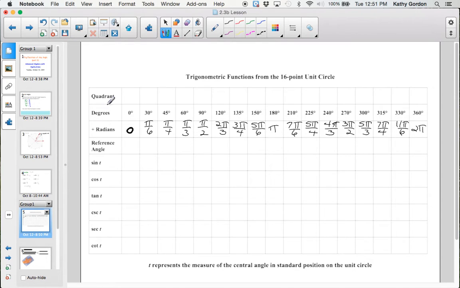So 0 is on the positive x-axis. Pi over 2 would be what? The positive y-axis. How would you describe pi? Negative x-axis. Good. How about 3 pi over 2? Negative y-axis. And then 2 pi, we're back to 0, so we're back on the positive x-axis.